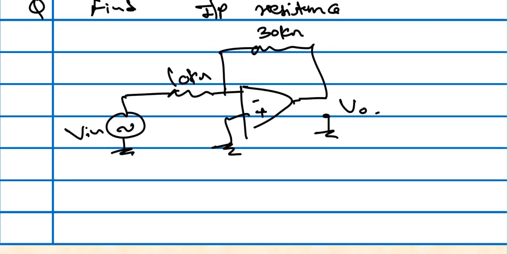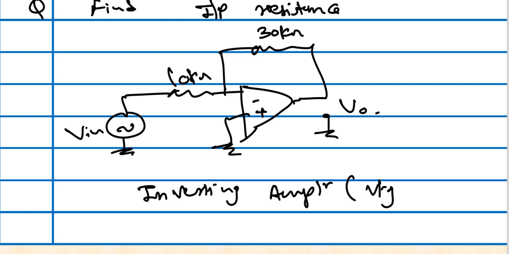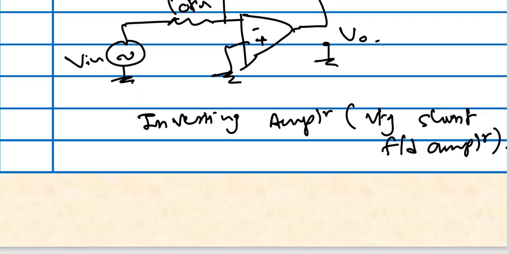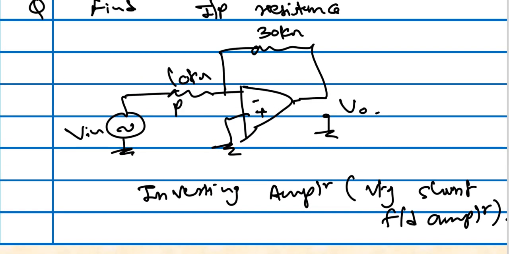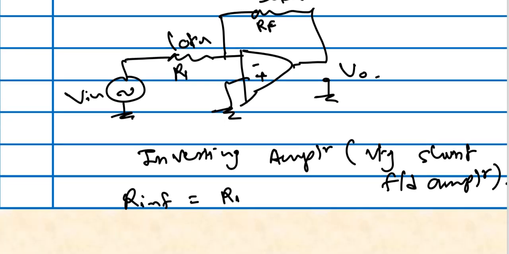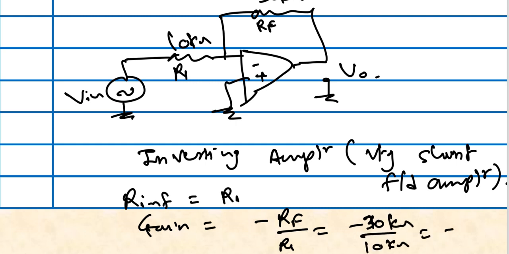It is an inverting amplifier, or you can say a voltage shunt feedback amplifier. Here, this is R1, this is RF. So the input resistance is R1 only. With feedback, the input resistance is R1. Now can you tell me what the gain is? Gain is minus RF by R1. So it comes out as minus 30k by 10k. So the gain is minus 3.